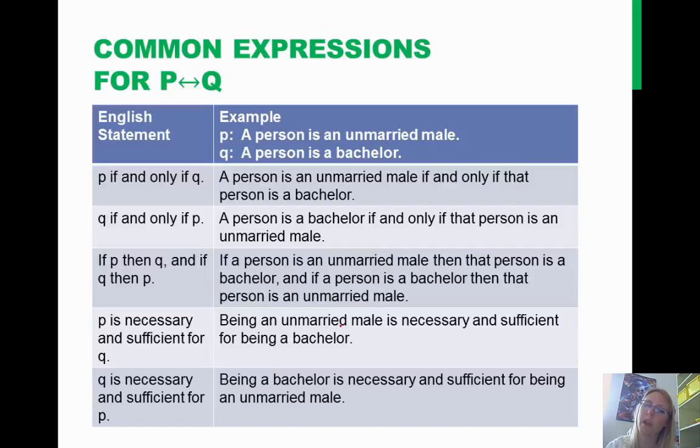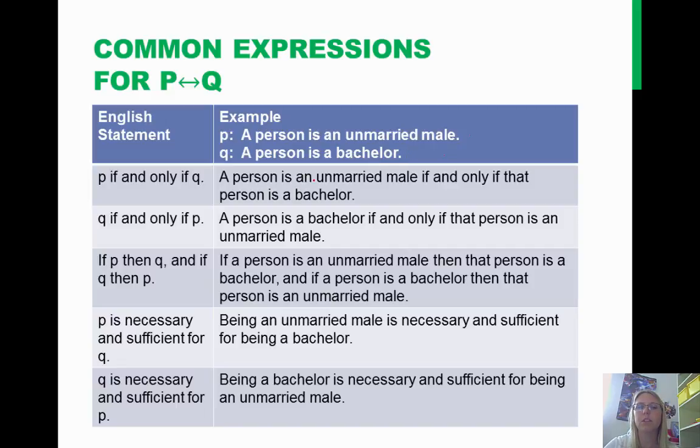Here, once again, we have a bunch of common expressions that mean the same thing as P if and only if Q. You may want to write these down just so you have something to refer to in the future. We've already talked about the first one, but we're using these simple statements for this example. A person is an unmarried male. A person is a bachelor.